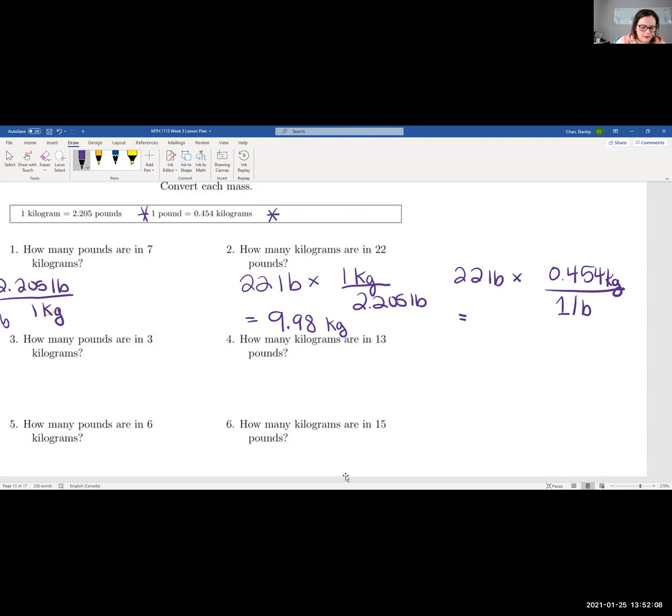Multiplied by 0.454 kilograms equals 9.98 kg. I want to highlight and show you that the units are canceling here as well, and that's why we're getting the same number.